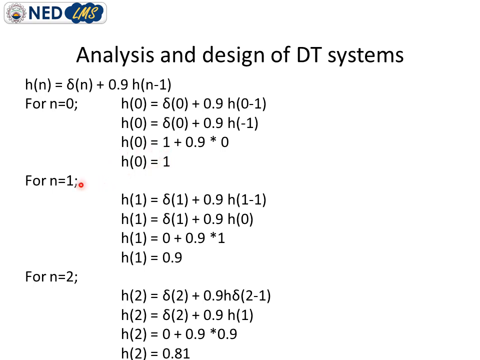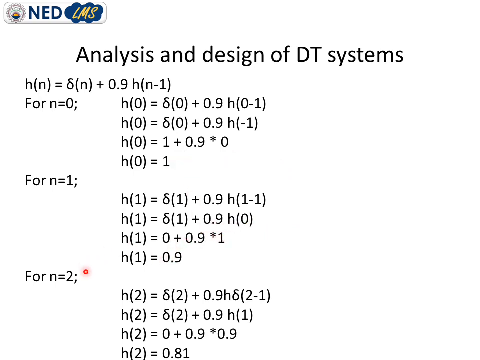Now for n is equal to 2, the impulse response used is from the previous step, which is 0.9. So this 0.9 is multiplied with the impulse response at time instant n is equal to 1, which is the result obtained in the previous step, which is again 0.9. So 0.9 multiplied by 0.9 is 0.81.